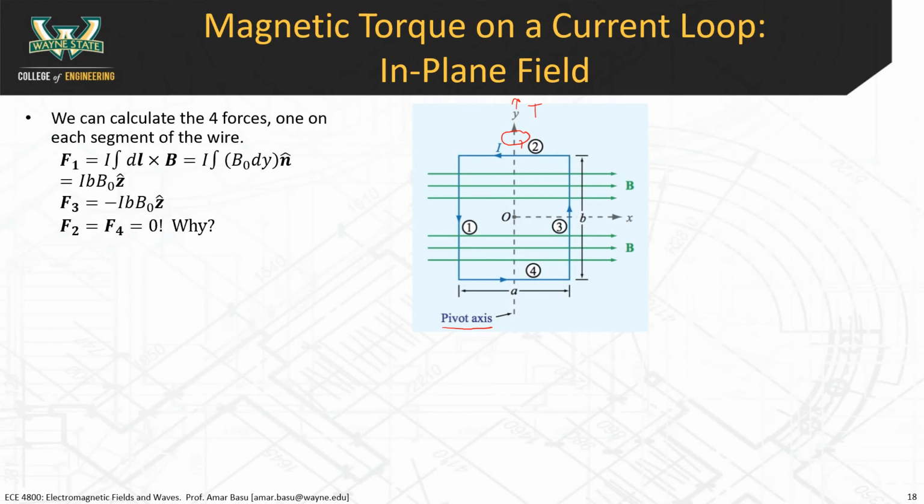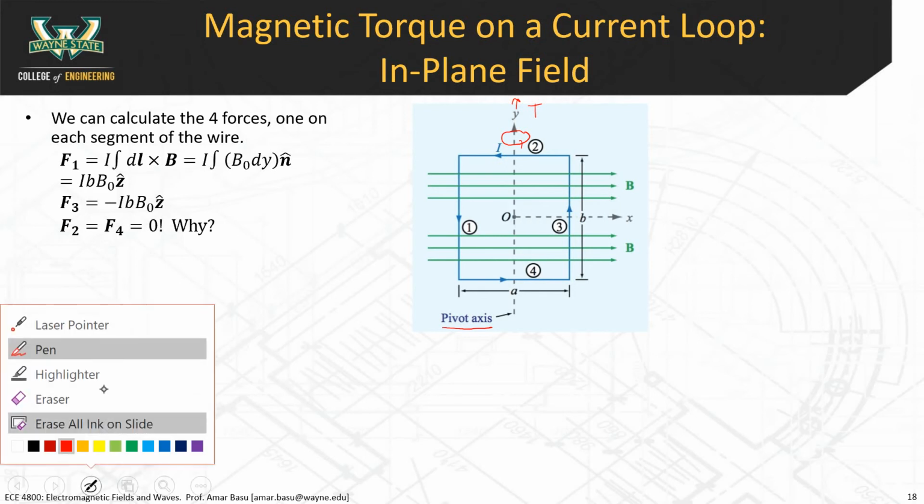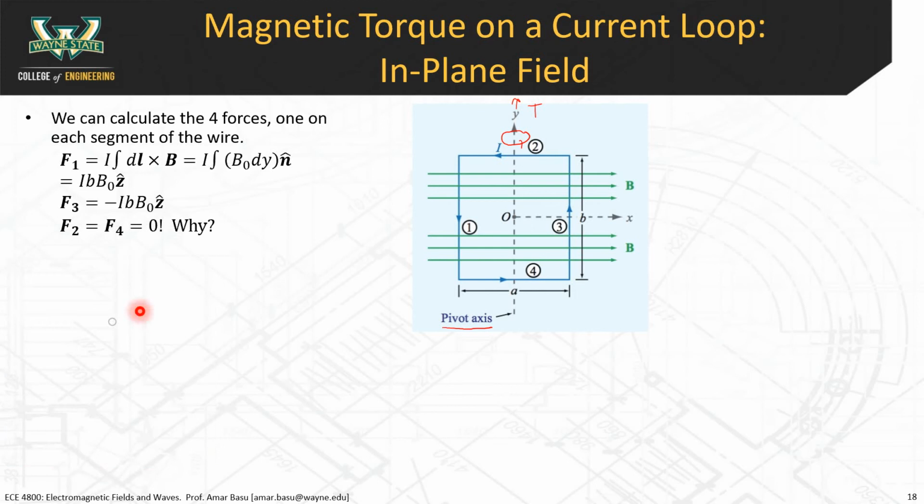I'm just telling you that beforehand, so that'll give you a little bit of context. So this loop is going to rotate in that direction. So we're going to start with looking at each one of these 4 segments. We'll start with segment 1, and then we'll go to segment 2, then segment 3, and then segment 4 at the end.